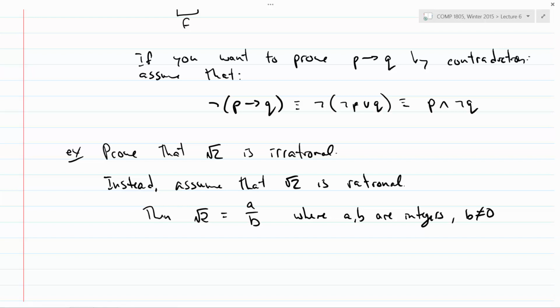Is there anything else I can assume about a rational number? So what about a rational number like 2 over 4? Is that a rational number? Yeah. Is there another way I can write it? 1 over 2. And what do I like about 1 over 2? It's in lowest terms. So I can assume that a and b are already in lowest terms.